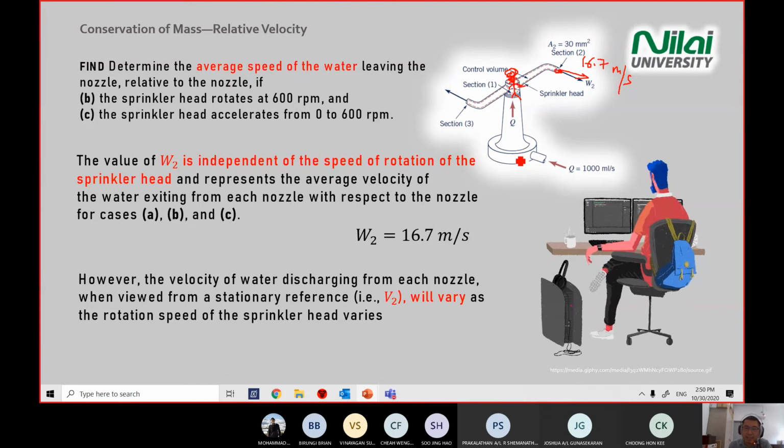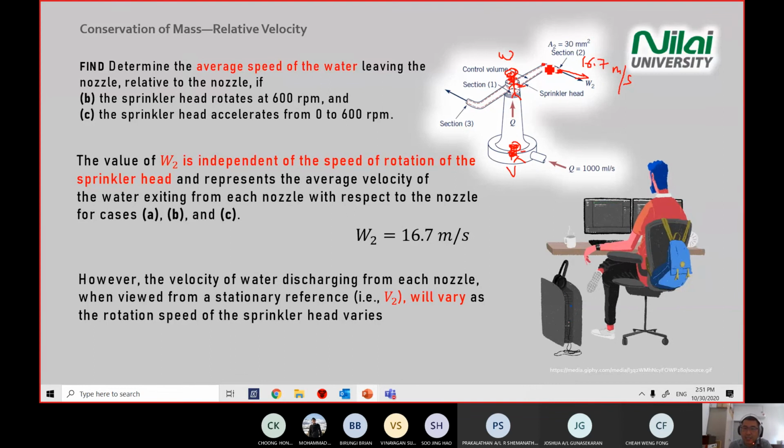However, if you sit here, for example, and you look at this point, this is the first scenario, where we focus on W. The second scenario, you focus on V. So if you stand here and focus on this point when it's stationary, you will measure 16.7 meters per second, let's say, and then you turn on the sprinkler head.